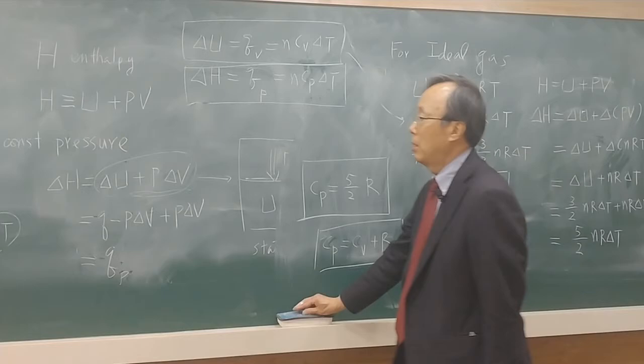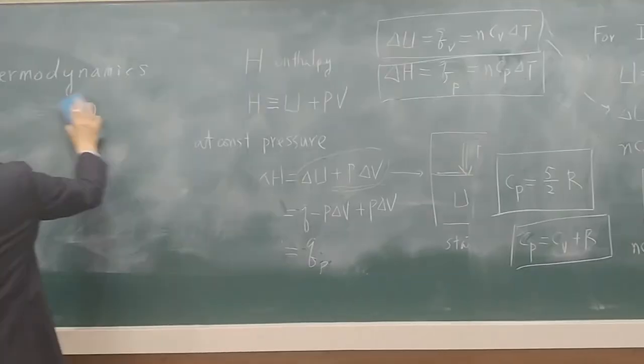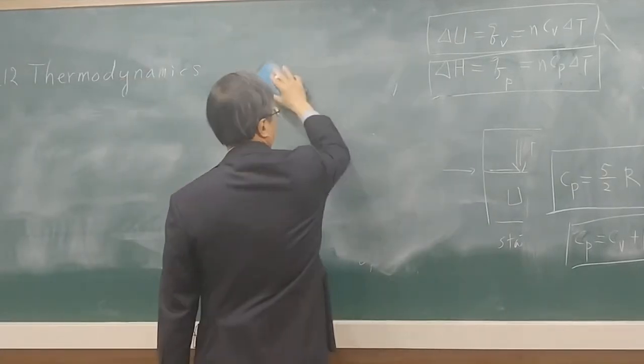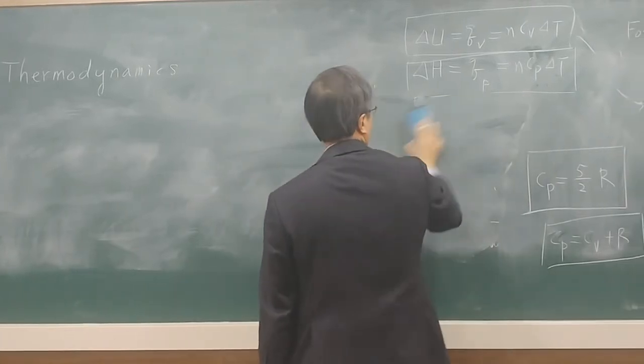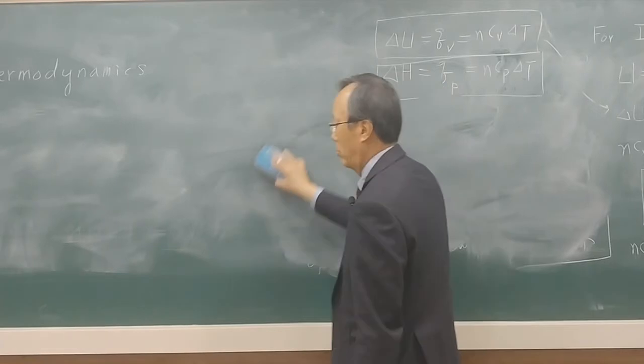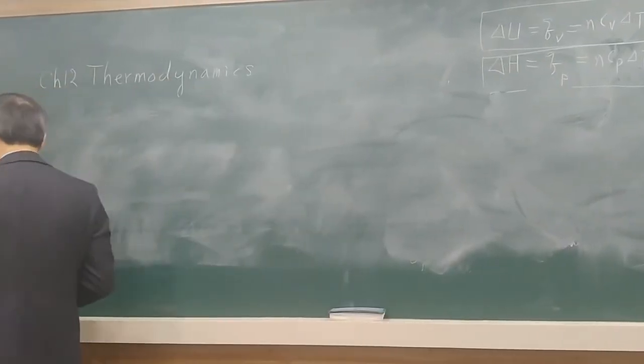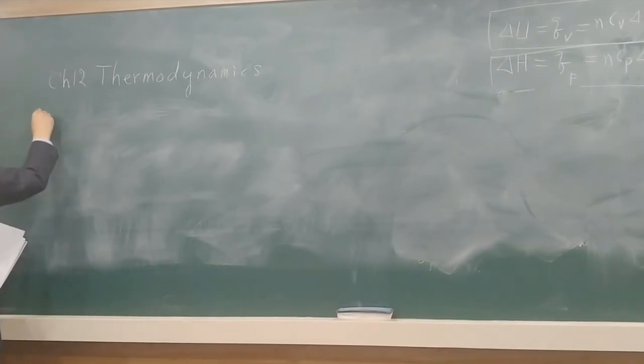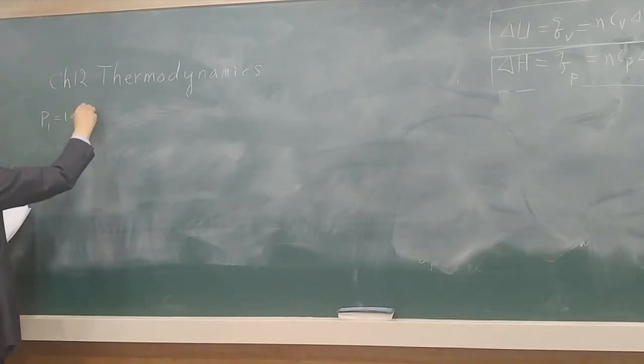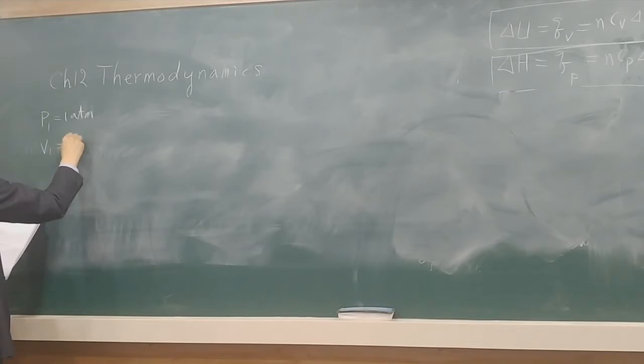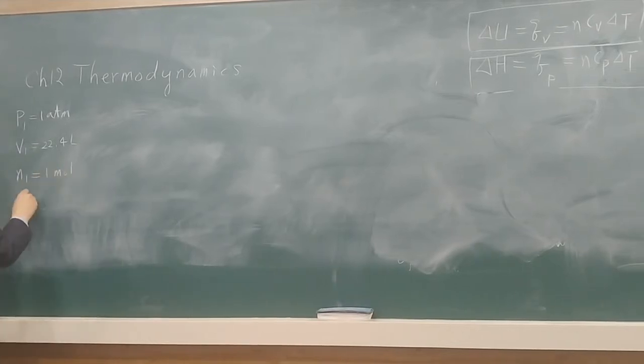Let me give you one sample example. Suppose we have this state 1: P1 equal 1 atmosphere, V1 equal 22.4 liter, N1 equal 1 mole, T1 equal 273 K. So one mole of some gas is in state 1.